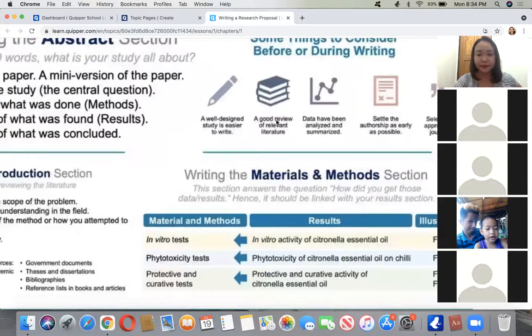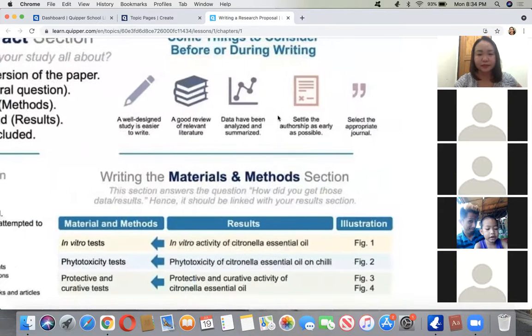First, is it clear? A well-designed study is easier to write. If you know your methods, it is easier to write, if you know the different parts and the methods you will do. And a good review of relevant literature.